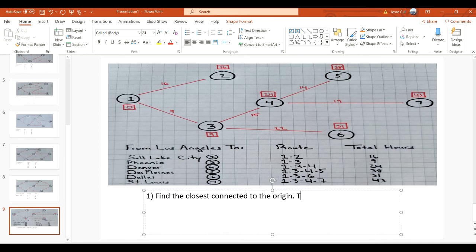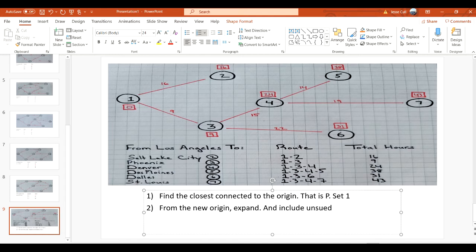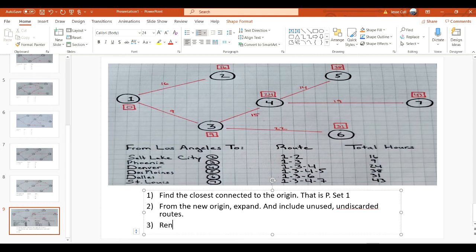That is permanent set 1. 2, from the new origin, expand, and include unused, undiscarded routes. 3, repeat till the end. This is the basic instructions.